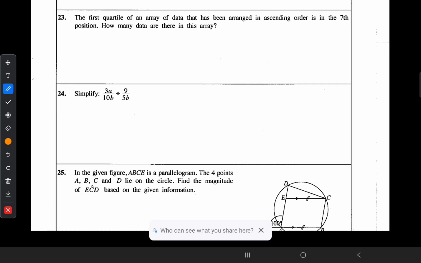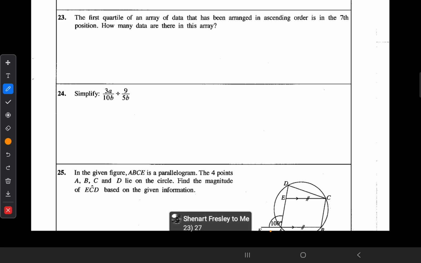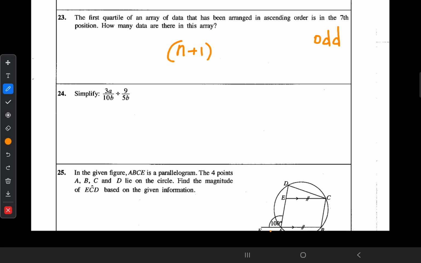The first quartile of an array of data arranged in ascending order is at the 7th position. How many data are there in the array? If the first quartile, second quartile or third quartile position is an odd value, you have to consider the overall number of data in that array as n plus 1.